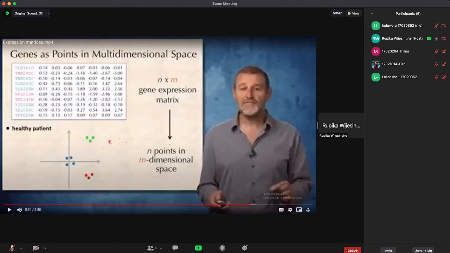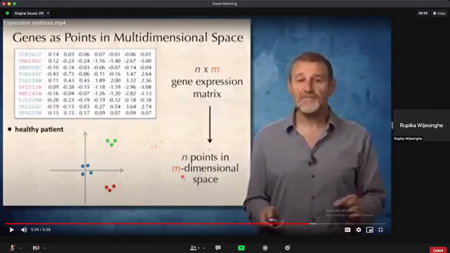Here the speaker mentions this m-dimensional space. In here, this gene expression matrix, you can see the plot here. These are the different clusters.